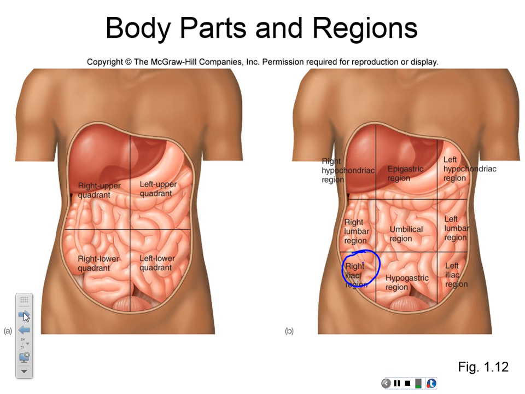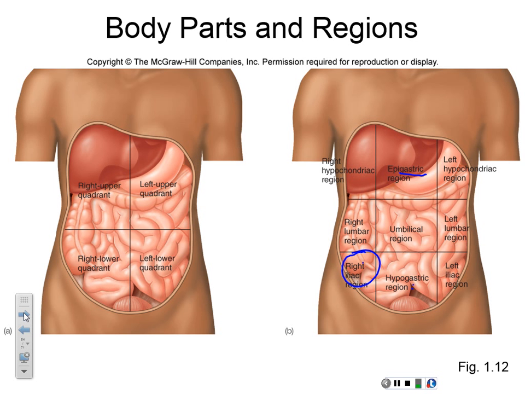Then the stomach, and this is the epigastric region, above. Then the umbilical region, mostly small intestine, and then the hypogastric under the stomach. And of course the left iliac region has the descending colon.